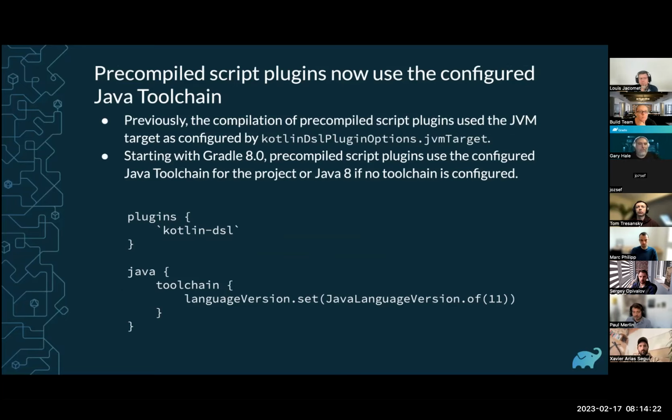And now with Gradle support for toolchains getting better, and the Kotlin Gradle plugin itself leveraging Gradle toolchains, our support for precompiled script plugins now does the same and leverages Gradle toolchains. And the snippets below show how you configure this in your build.